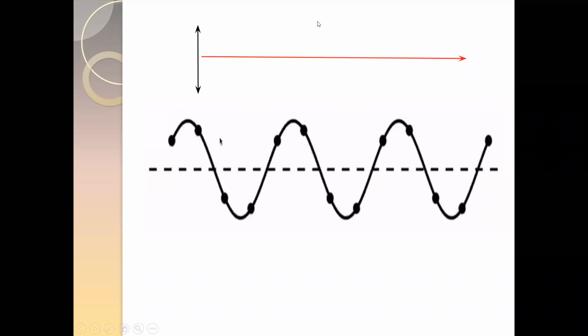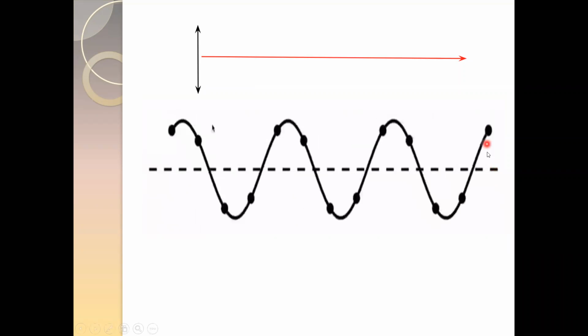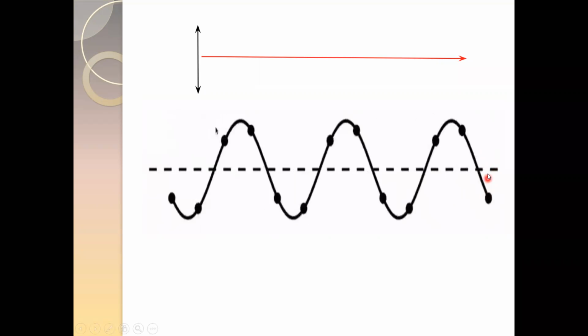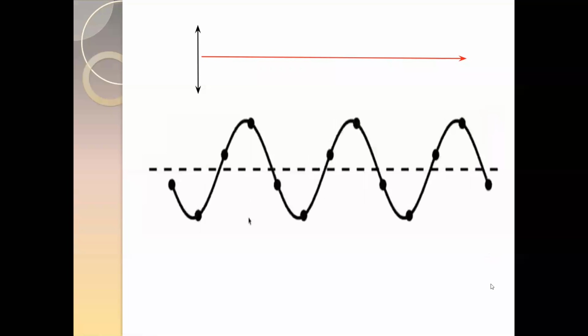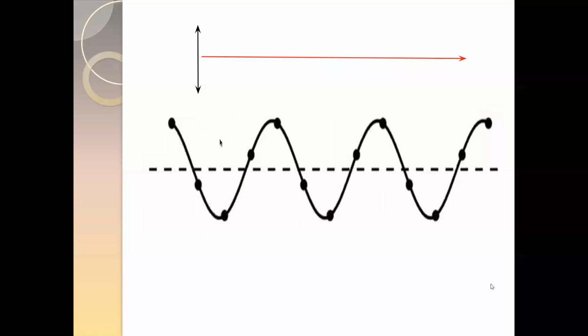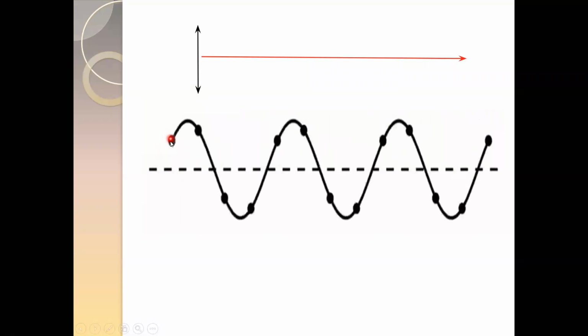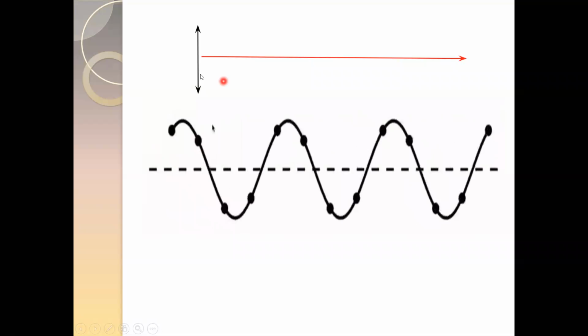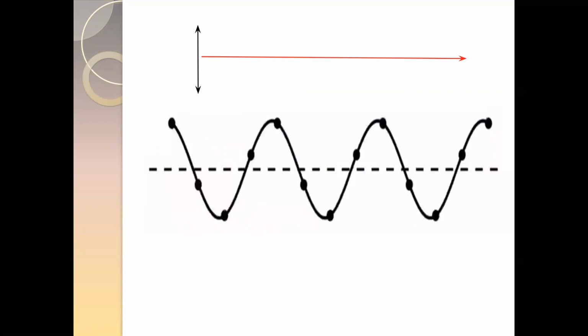See, this particle is moving. If you focus on any one of the particles, you will see it's moving up and down. Any doubt in this part, the transverse wave? The motion of the particle and the direction of the wave are 90 degrees to each other.